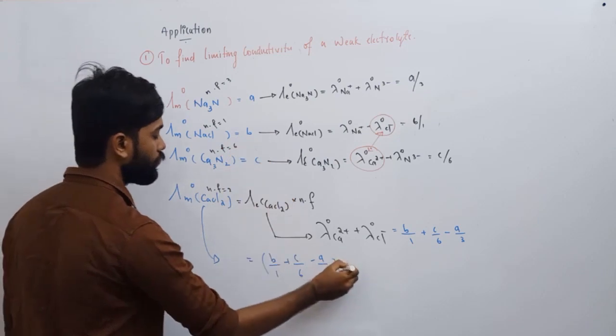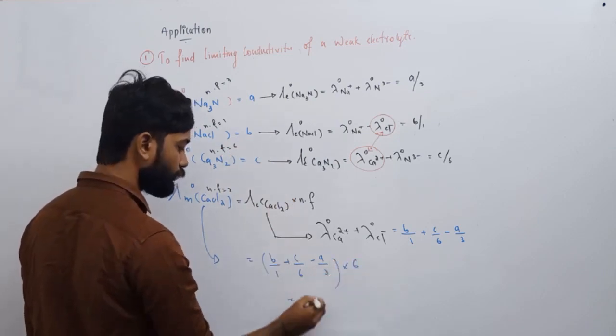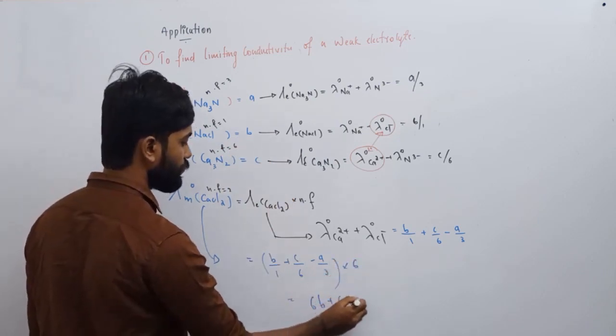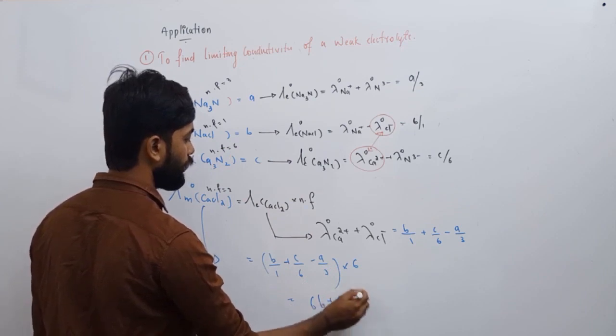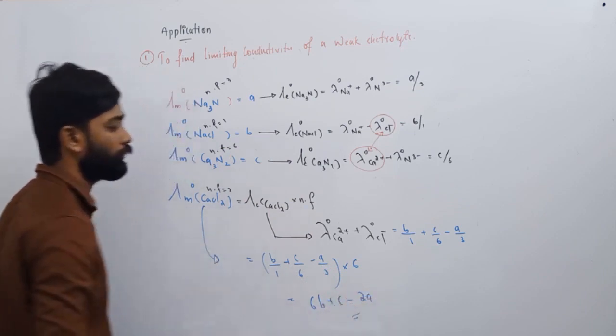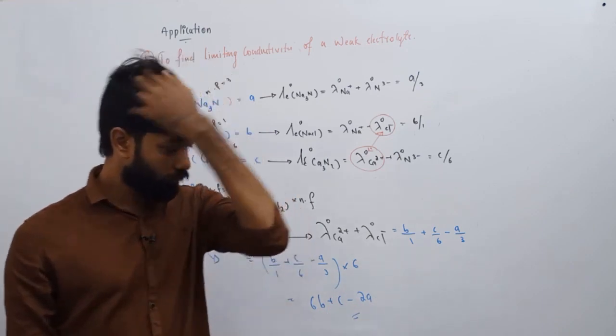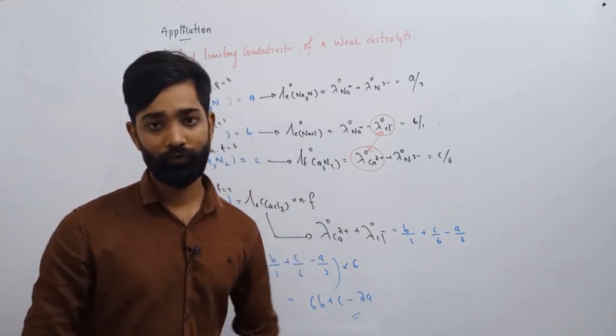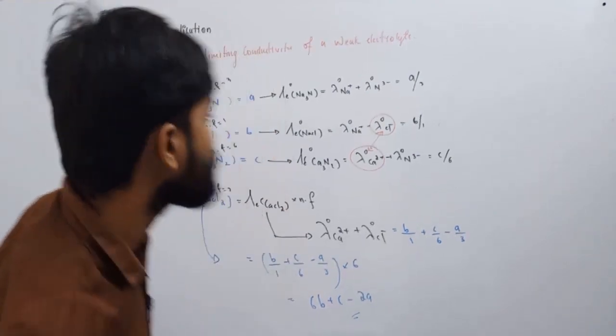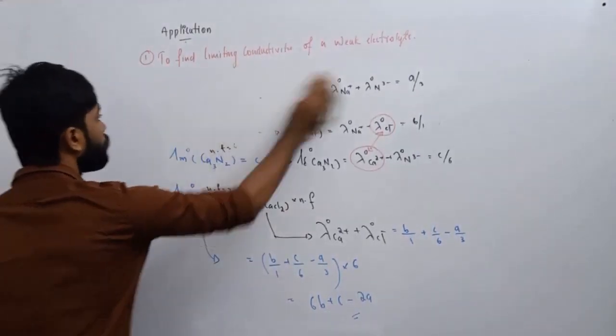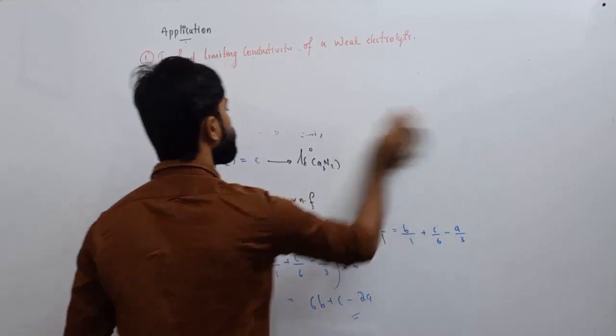N factor is 6, so into 6. So 6B plus C minus 2A is the answer. Ready? Fine. Okay. So the first application is over. Ready? Moving to the second application.